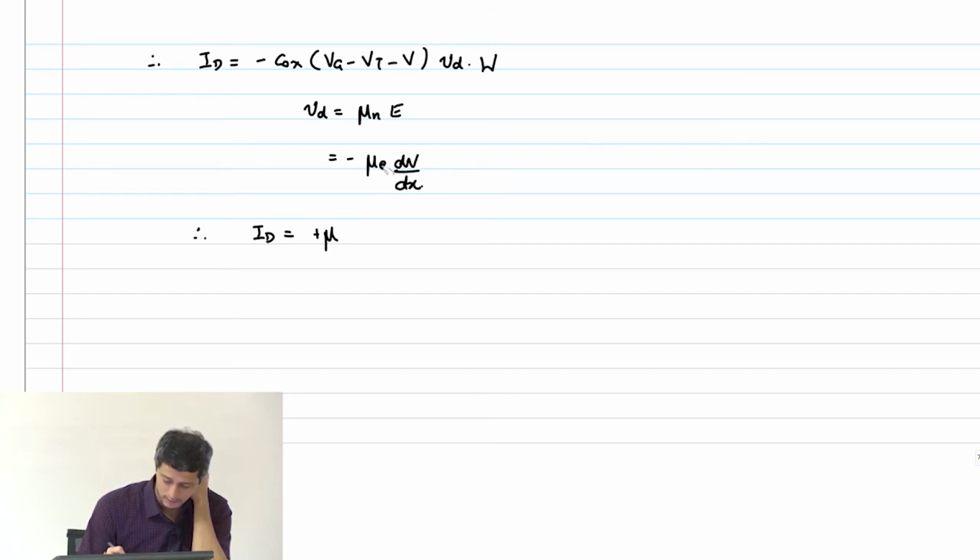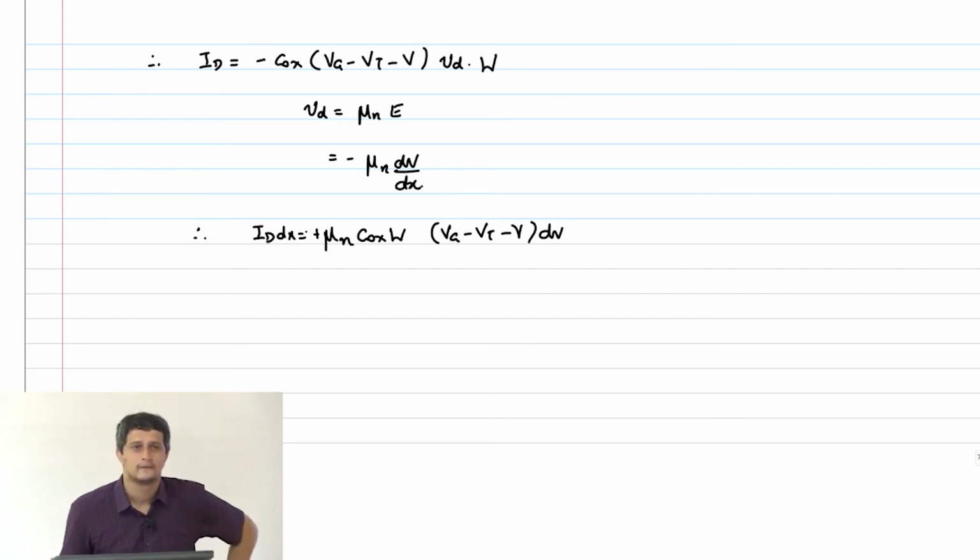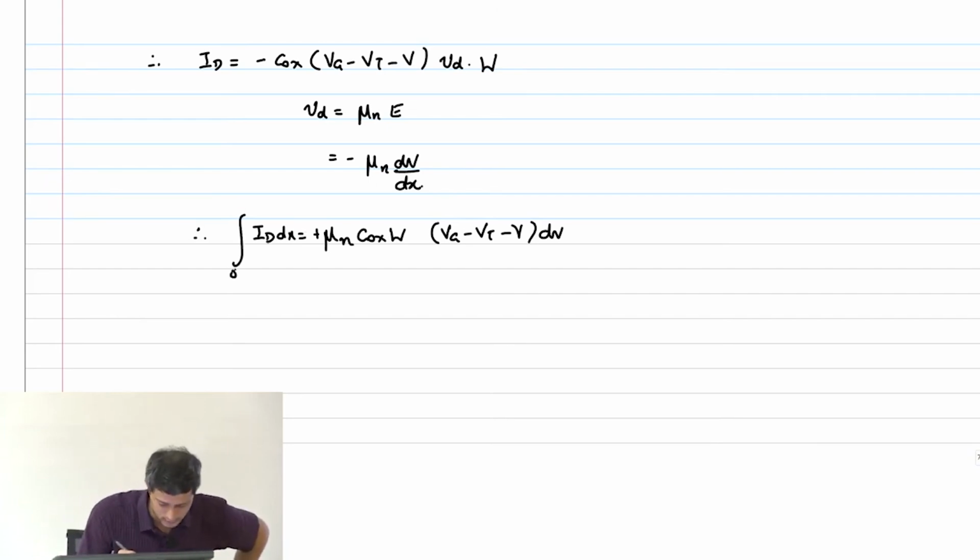Let's just keep that, mu n. Mu n Cox into W into Vg minus Vt minus V into dV, and dx. I'll bring this to this side and I can integrate this from 0 to L.